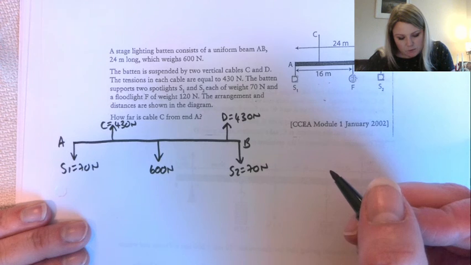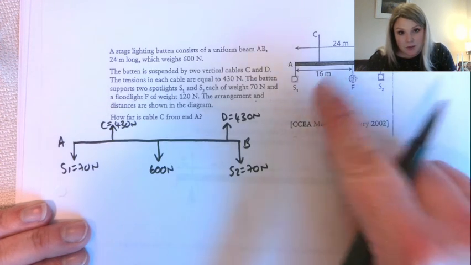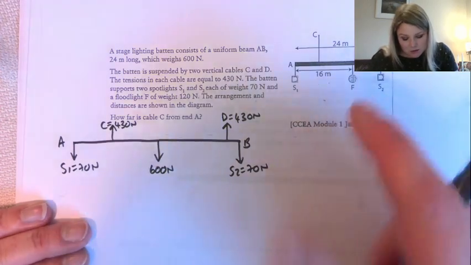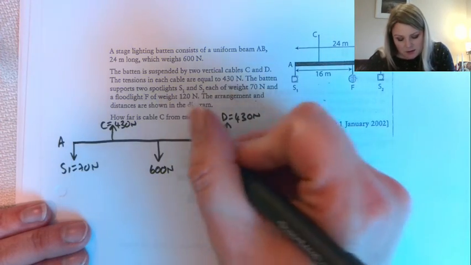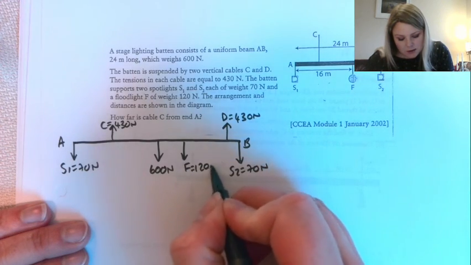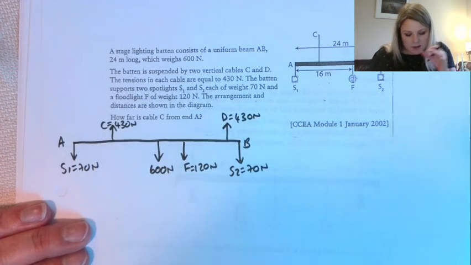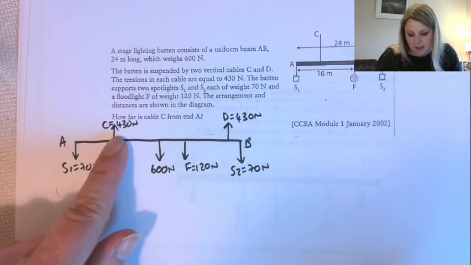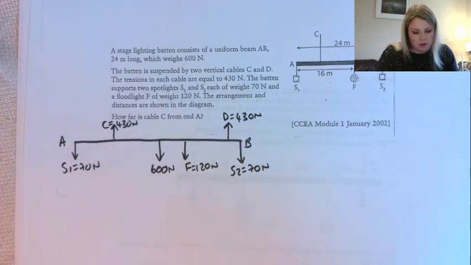Floodlight F of weight 120, so again I'm looking back up here to see where that is. It's 16 meters, so it's going to be to the right of this, isn't it? Yeah. So F, and it told us that was 120 newtons. So the arrangement and distances are shown here. Then it's asked how far is cable C, so this one, from end A. I'm going to mark on all the distances that we know now.